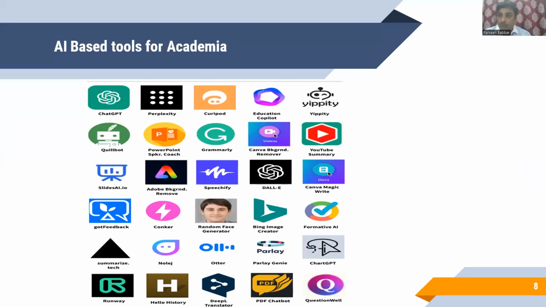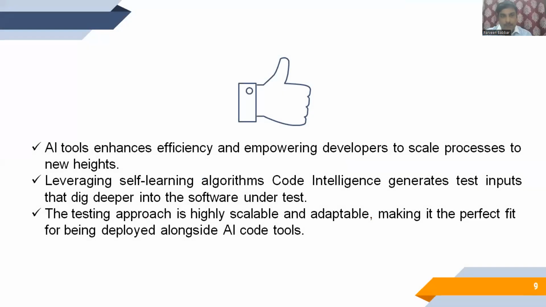We have QuillBot, we have Speechify, we have YouTube Summary, which, as Dr. Dhanu was telling, the moment you put in a YouTube video, it will provide the summary of whatever has been spoken in it. Then Bing Image Creator, generative AI.